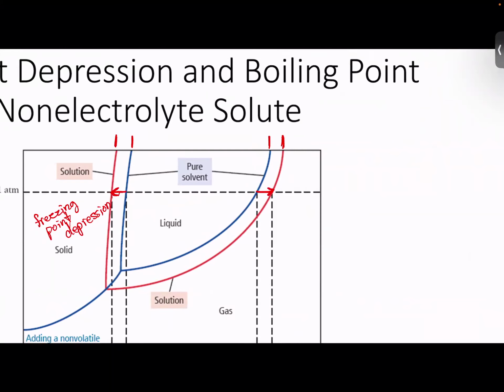That is because we are dealing with boiling point elevation. Now, the difference between those lines is the change in temperature. So the difference between these two lines on the left would be the change in the freezing point. That is delta T subscript F. And the one on the right would be delta T subscript B for boiling point.